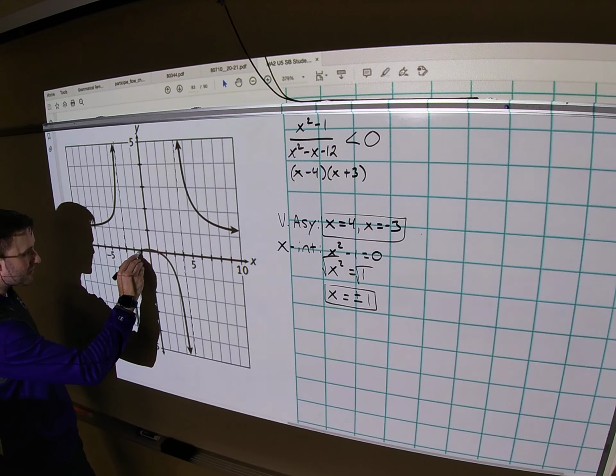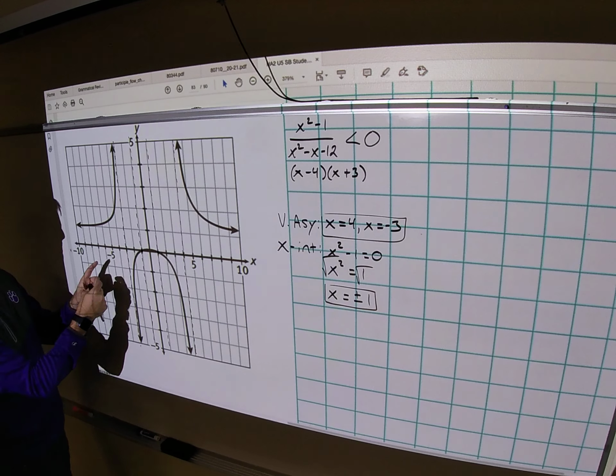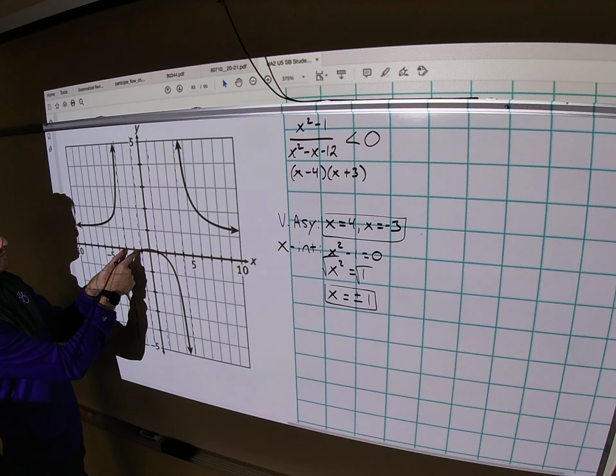So we're going to actually split this up into, now this is not an asymptote, so I don't want you to get that confused. But really, typically, what you'd have to do algebraically is you would have to split this up into these sections. So I have one section here from this vertical asymptote all the way over to negative infinity. I have this section in between the vertical asymptote and the x-intercept.